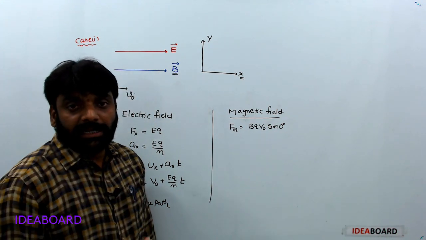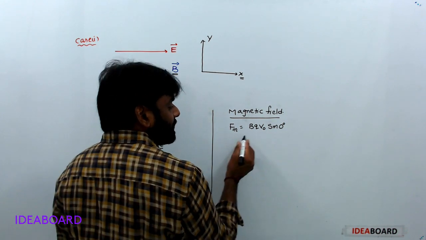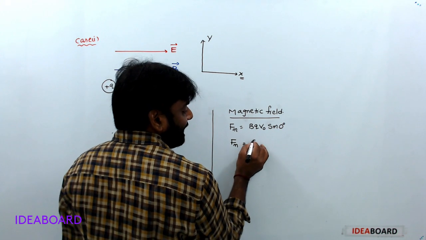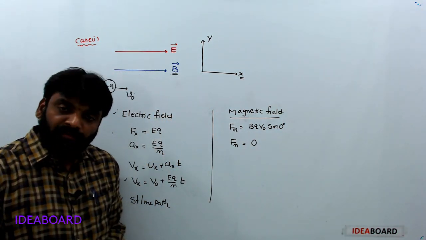That means theta is equal to 0 degrees. BQ V naught sine 0 degrees, so the magnetic force is equal to 0. That means there is no magnetic field influence.